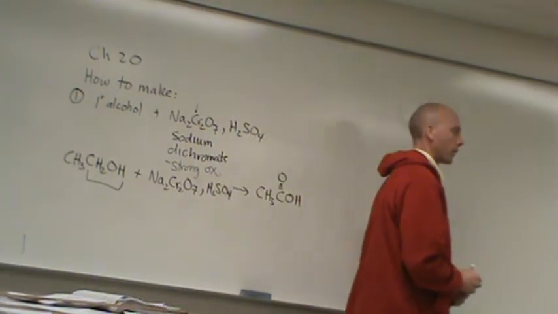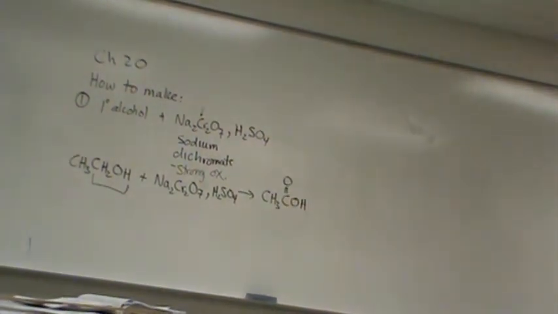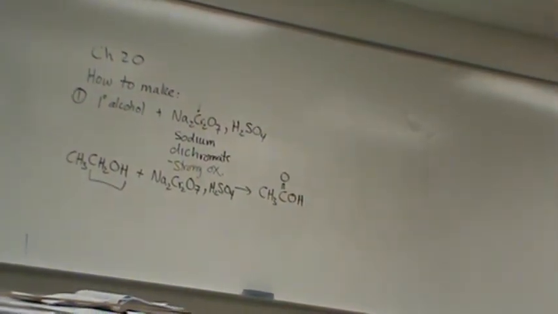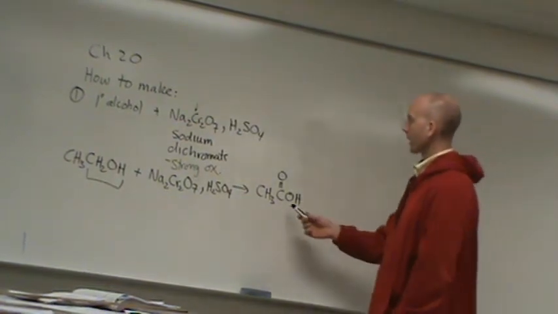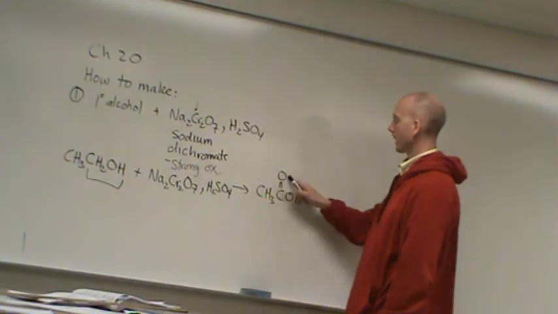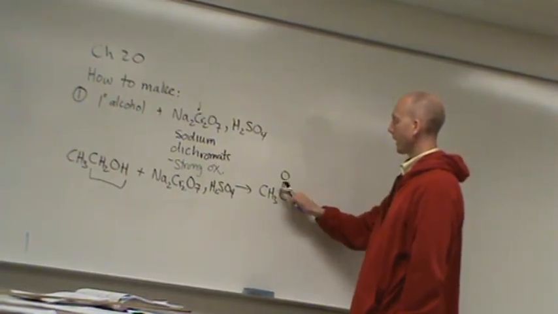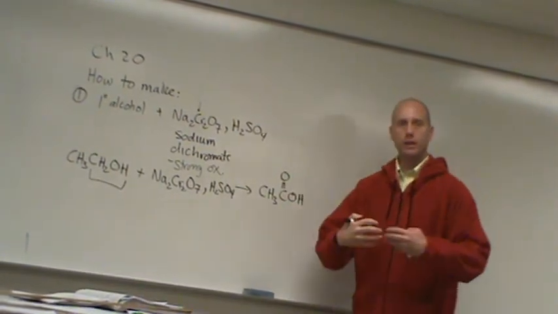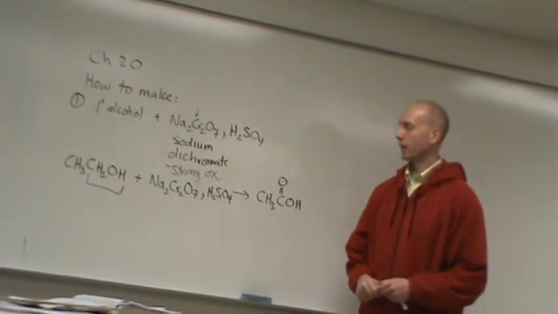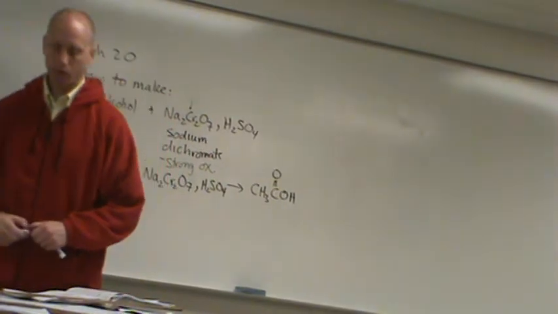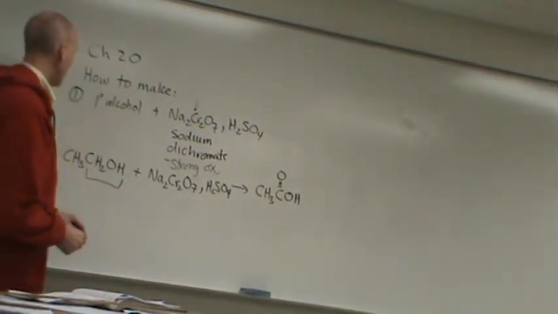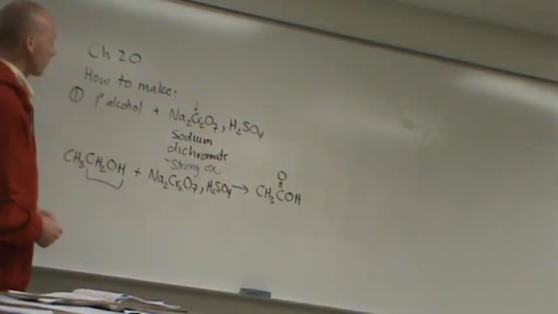And so that would be one way to form acetic acid. So you can see it oxidized it. I added oxygen and I added a double bond. So it's a very strong oxidizing reagent that we've used. But it has to be a primary alcohol.